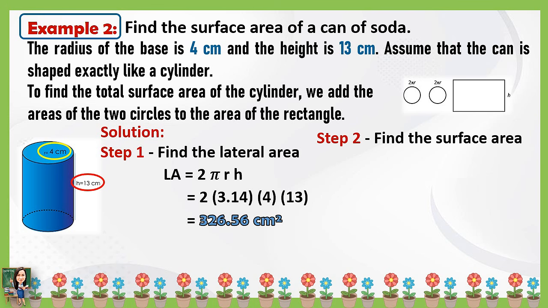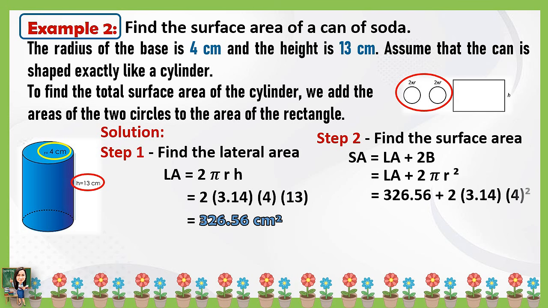Step 2. Find the surface area. The formula is surface area equals lateral area plus 2 times the area of the bases, or lateral area plus 2 times pi times radius squared. Lateral area is 326.56. Then add 2 times 3.14, which is the pi. Then the radius is 4 to the second power. Multiply 4 by itself, 4 times 4 equals 16.